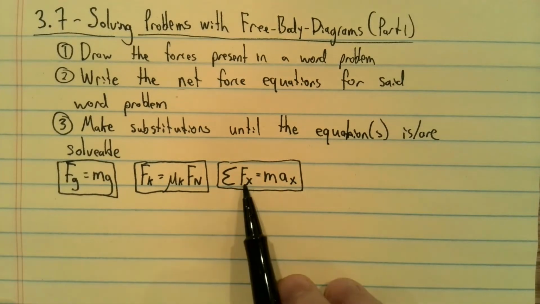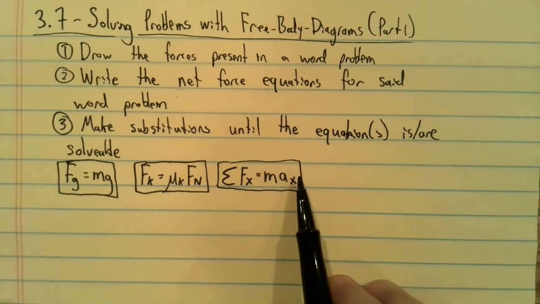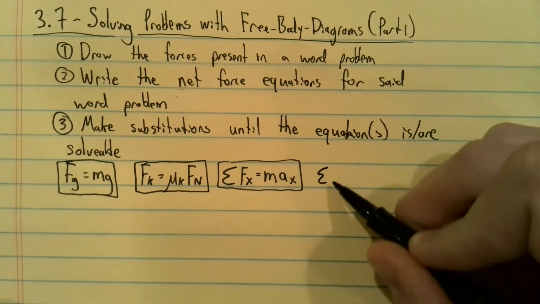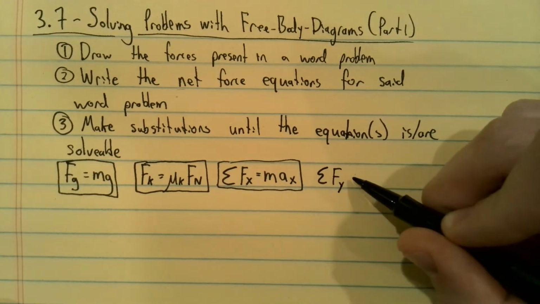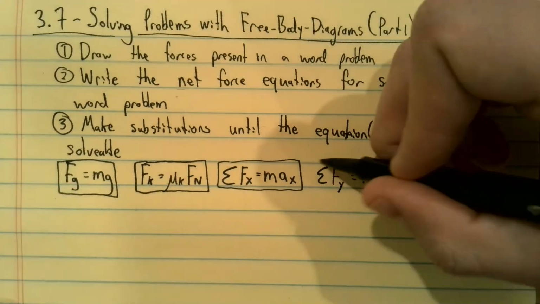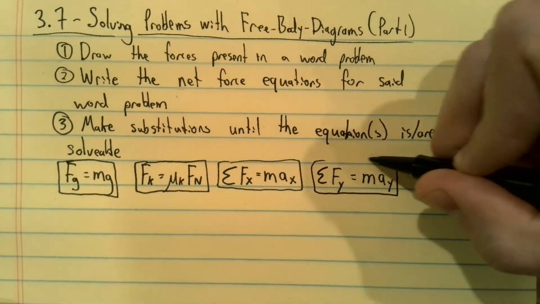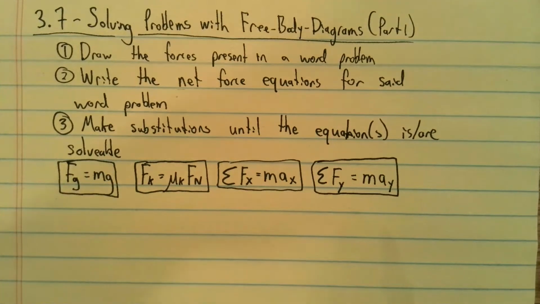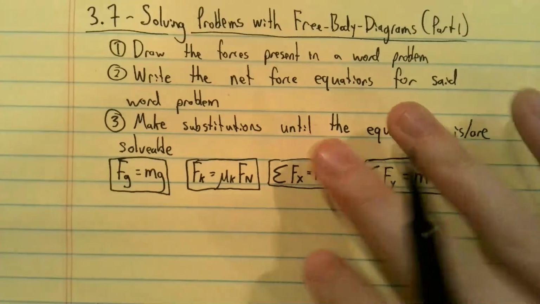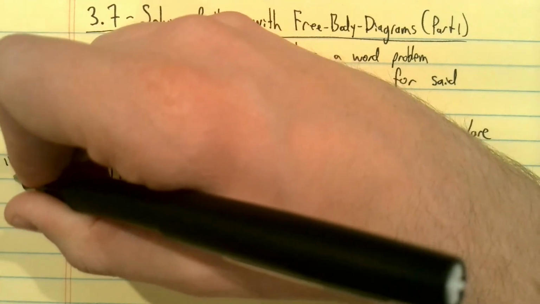The sum of the horizontal forces will cause a horizontal acceleration. And likewise, the sum of the vertical forces will cause a vertical acceleration. And that's the gist. Those are the mini equations. I feel like I'm missing one. I might add one more later.